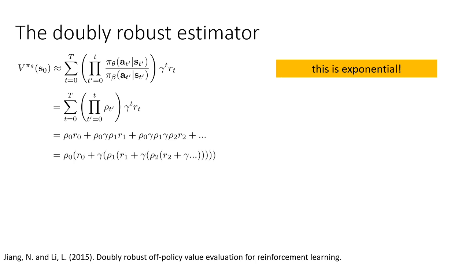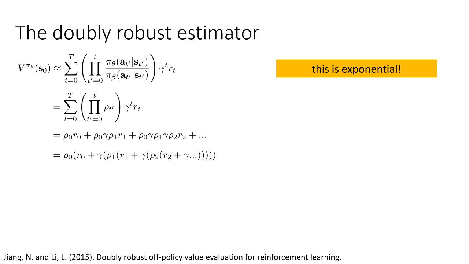So what we can then do is put some parentheses around. You'll notice that every term in this sum starts with rho 0. So you can just take all the rho 0 out and collect all the other terms in parentheses. So now you have rho 0 times, in parentheses, a big sum, which consists of all the other stuff: r0 plus gamma plus all the future stuff. And then you can repeat the process. You can collect all the terms that have rho 0 and rho 1, and that's the second set of parentheses.